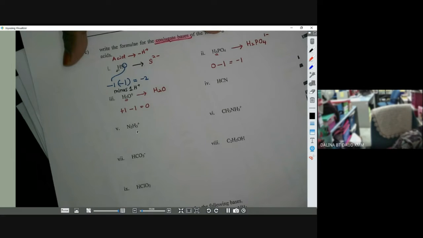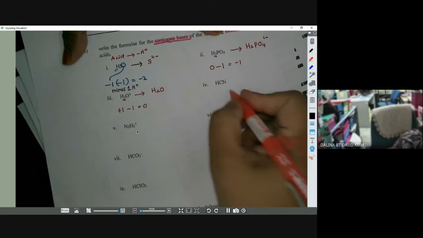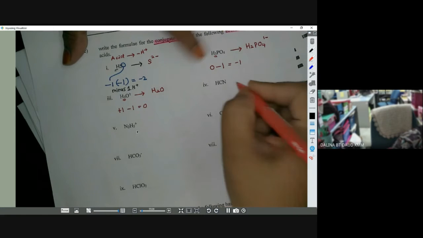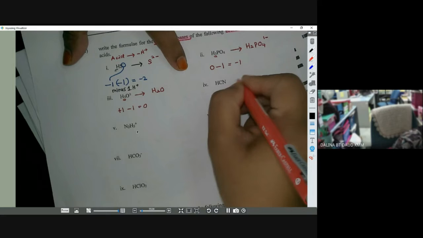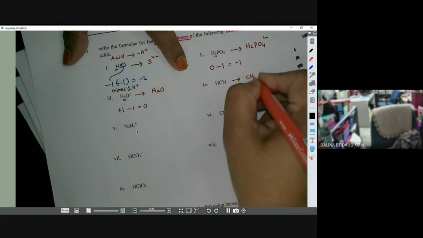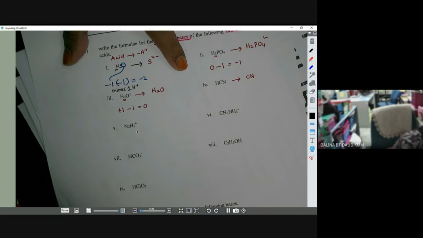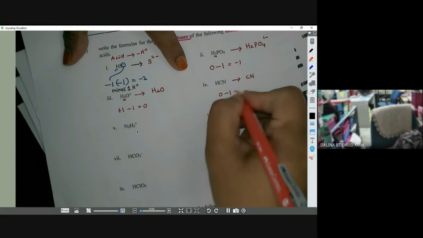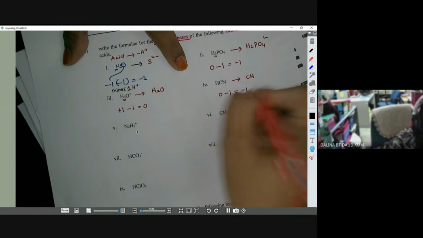Tak ada. No. Okay, now we go to SCN. We donate 1 each. So, it will become CN, only left. So, kita nak check berapa dia punya charge. 0 minus 1, so equal to -1. That's why the charge is negative.